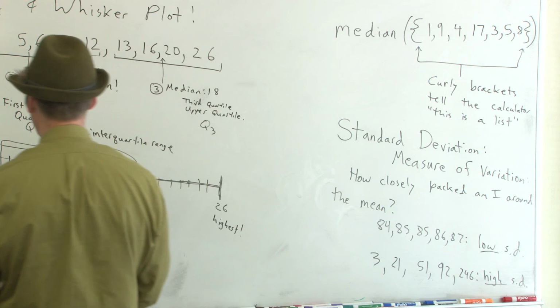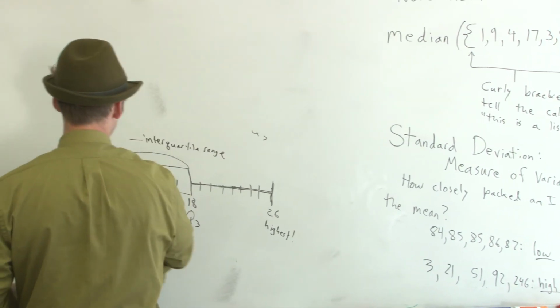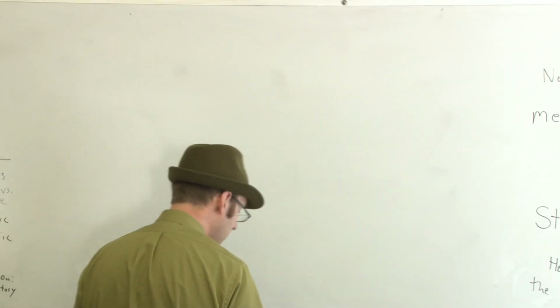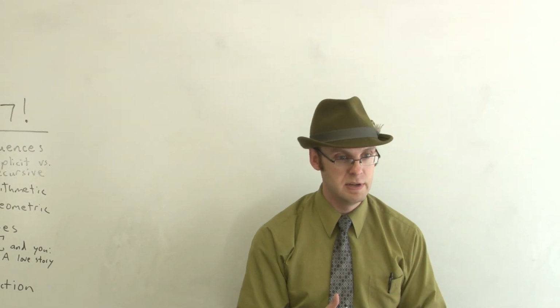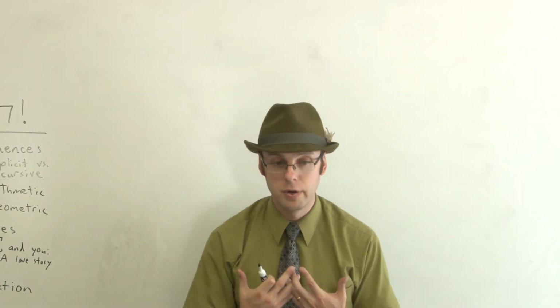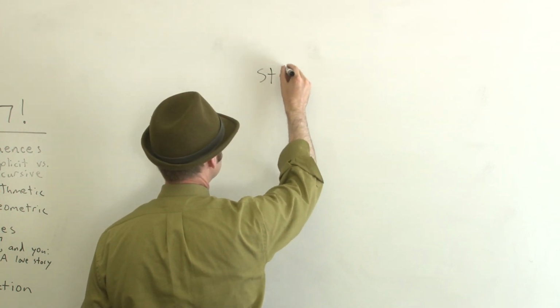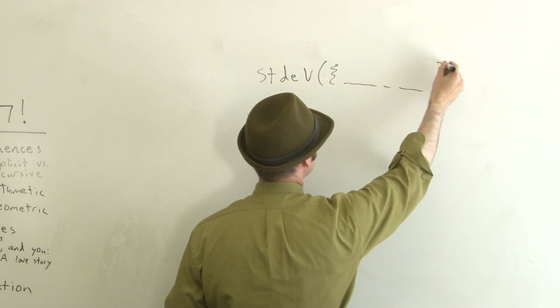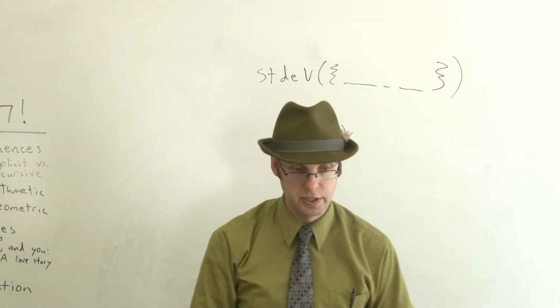So the actual calculation is more than you're going to want to deal with in this class. This is pre-calculus. If you go into calculus, it's something that you'll want to investigate a little bit closer. But for the purposes of this class, you're just going to want to look for your stdev button and use that. And that will calculate your standard deviation for you.